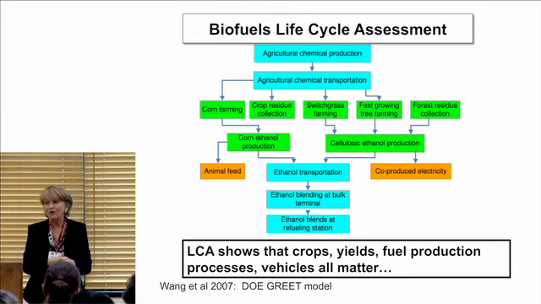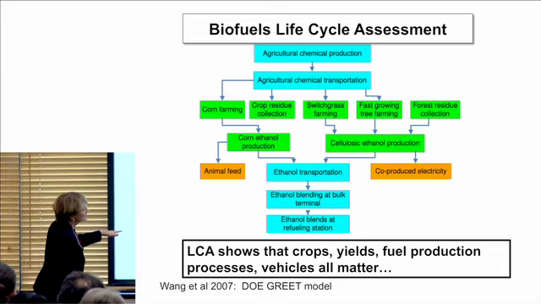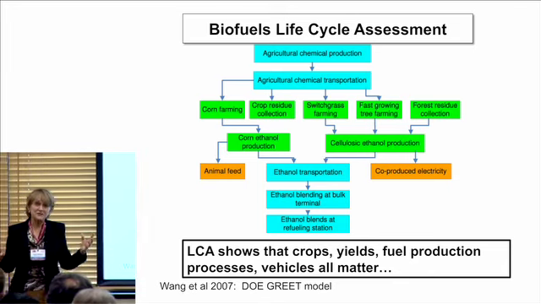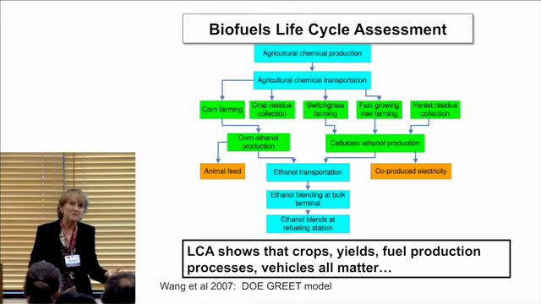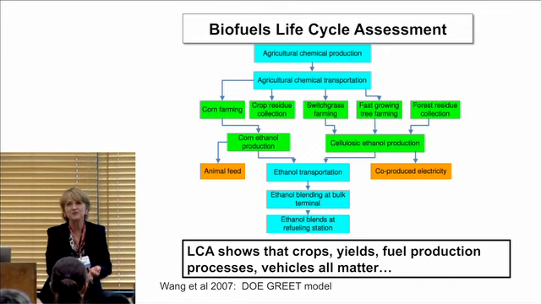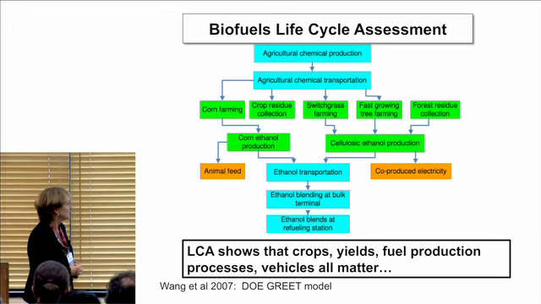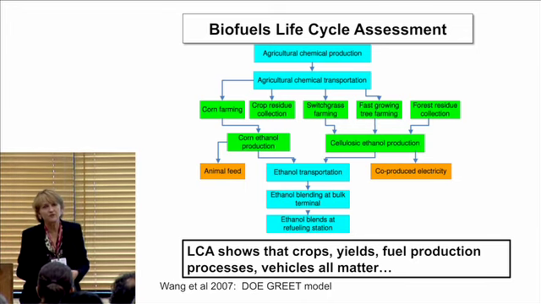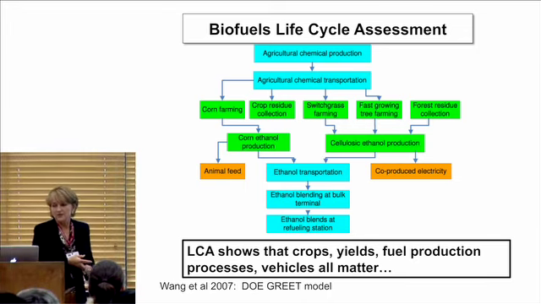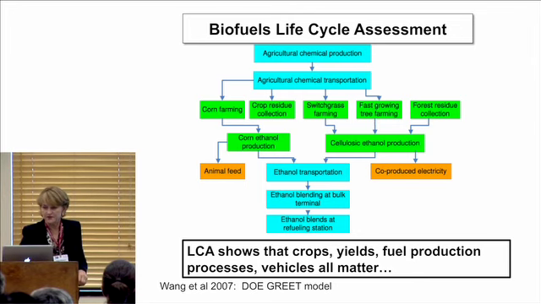And the bottom line for all of this is that these LCAs show us very clearly that all of this matters. You actually have to worry about what kind of crop you're using, what kind of system you're farming, how your production process works, and obviously what kind of vehicles you drive in it. And there's no easy answer to this.